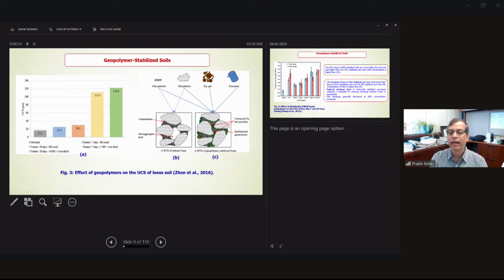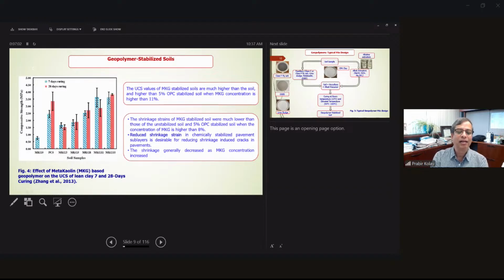Basically all the voids over here, all the voids are filled with the reacted product, or synthesized geopolymer. This is some of the other results that people have done. The compressive strength at 7 days, 28 days. So 28-day strength is much more. In some cases, the 7-day curing is much more than 28 days for the different combinations. So as I mentioned, you need to do different tests and then find out which one is the optimum percentage.